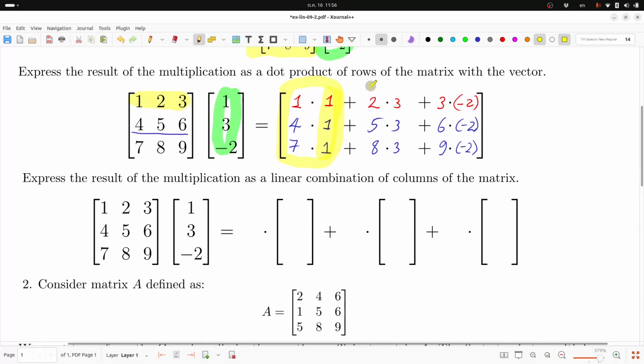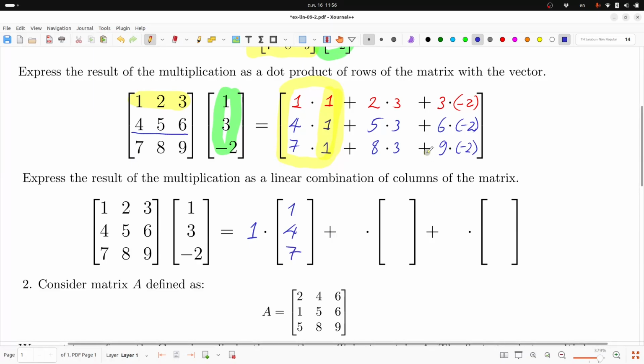If you factor out 1, what is left? 147. And what is 147? It's the first column. So if you factor out 1, you get 147. That's the first column.